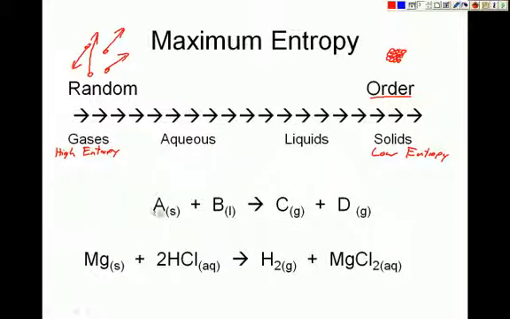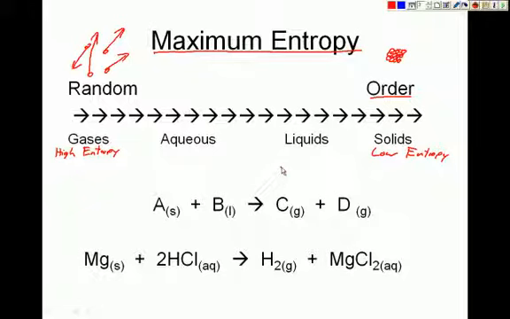And so let's look at a reaction right now. Which side would be favored? Would this be a spontaneous reaction when you consider entropy? So solid and a liquid, and a gas and a gas. Since these two gases have more randomness, this is an increase in entropy.